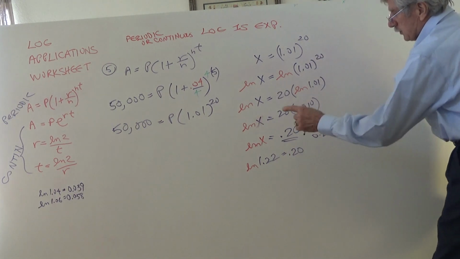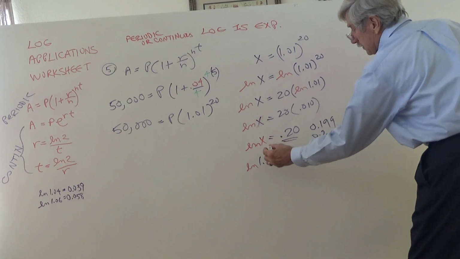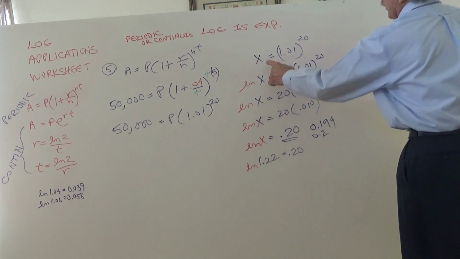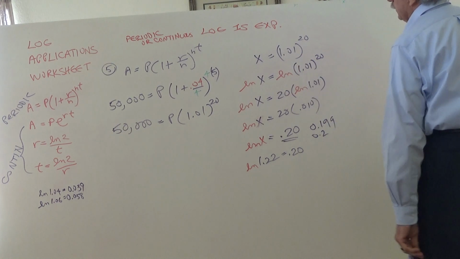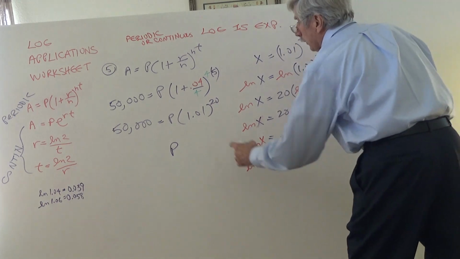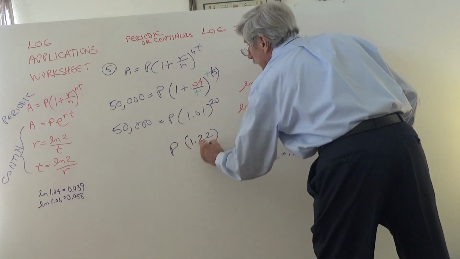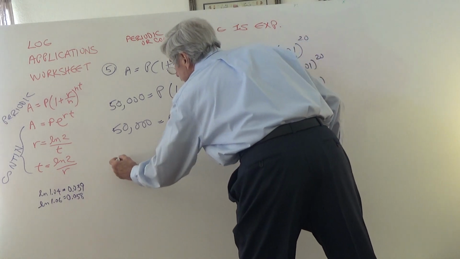So we look across and up and find that's the answer. It turns out that x is now equal to 1.22. We called x 1.01 to the 20th. Let's go back here and replace that 1.01 to the 20th with 1.22. So 1.22 times P is equal to 50,000.